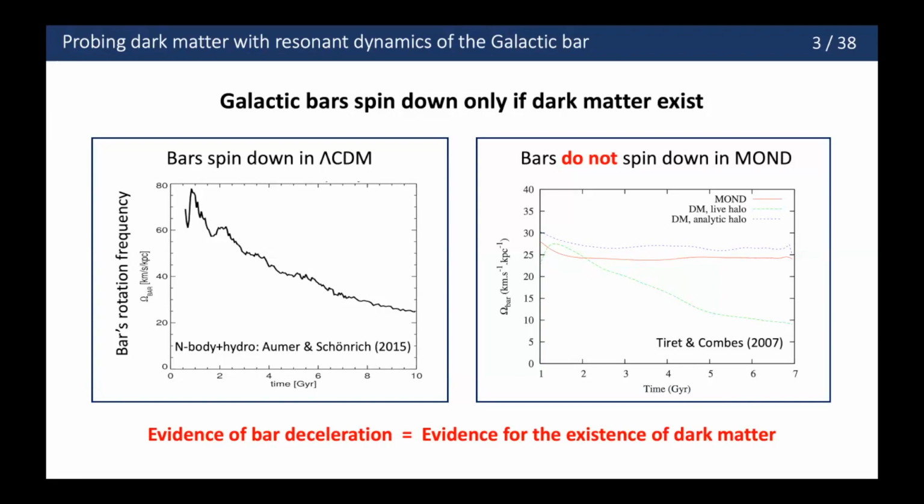But if you look at the higher order resonances, they are quite far. And there's an infinite series of resonances. For those higher order resonances, there are not many baryons there. There's only dark matter. But the mass in baryons and the mass in the halo that can interact with the bar is about the same.